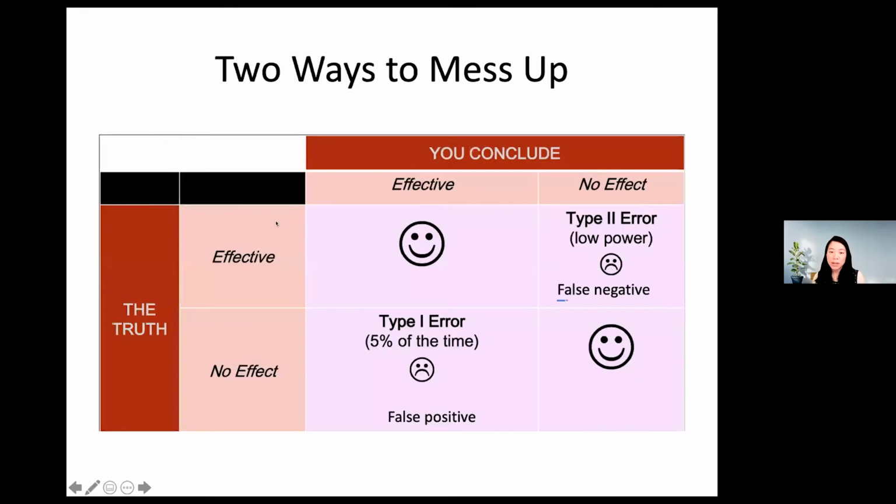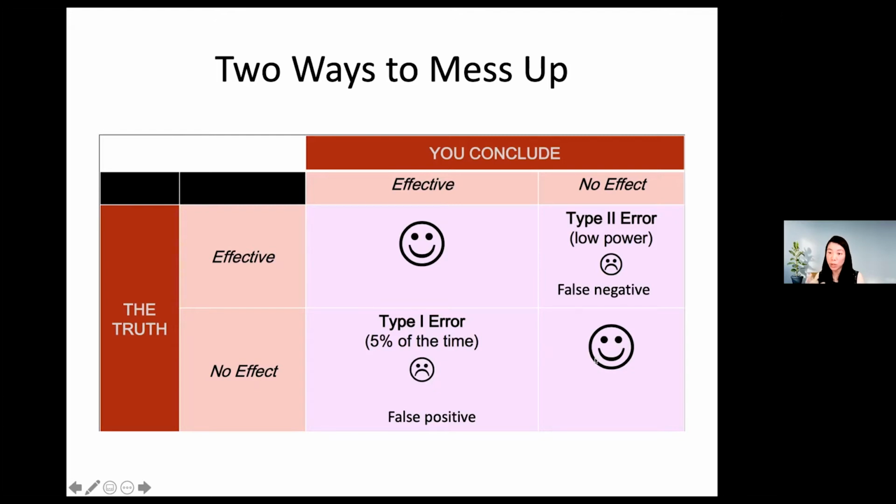All right. So there are two ways that this can go wrong, because the truth is either the program is effective or it has no impact, right? But then we use the sample we have and draw our conclusion from that. So if the truth is effective and our conclusion is effective, then it's fine, it's a happy face. Or if the truth is no effect and our conclusion is no effect, which is also fine.